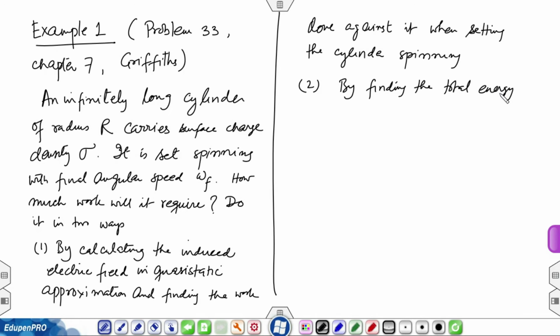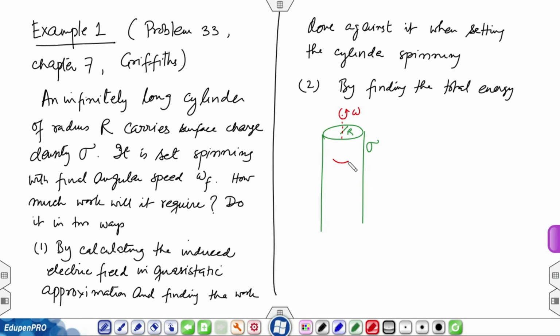So, let us see what is being done. I have this cylinder that carries surface charge density sigma, radius is r, and we start slowly or fast, does not matter, as you will see in a minute. We start spinning it. Let us see what happens when we spin it.